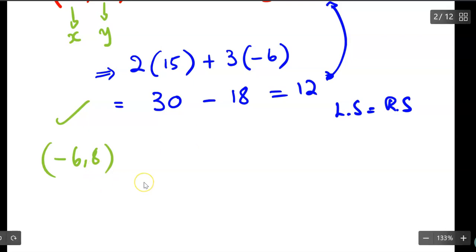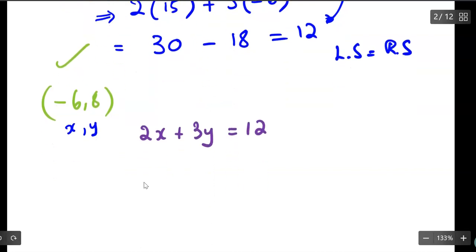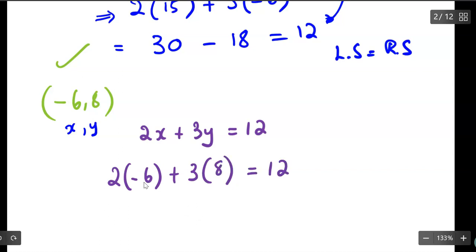-6 is for x, 8 is for y. So let's get to the equation, 2x plus 3y equal to 12. So let's see. 2 multiplied by -6 plus 3 multiplied by 8, is it equal to 12?